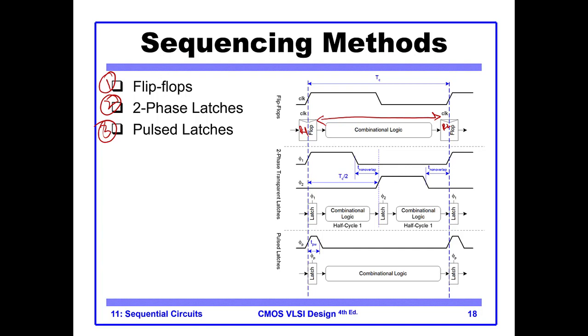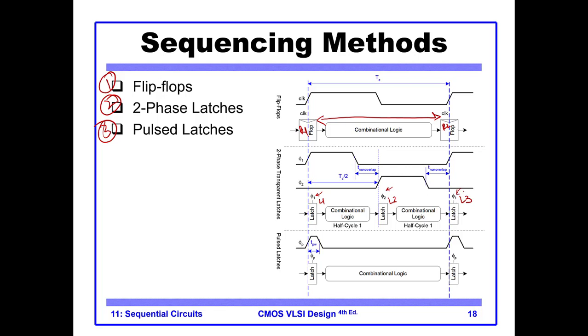The second way is to use 2-phase latches, in which you have latch L1, latch L2, latch L3. L1 is driven by a clock of phase 1, L2 is driven by a clock of phase 2, L3 is driven by a clock of phase 1.